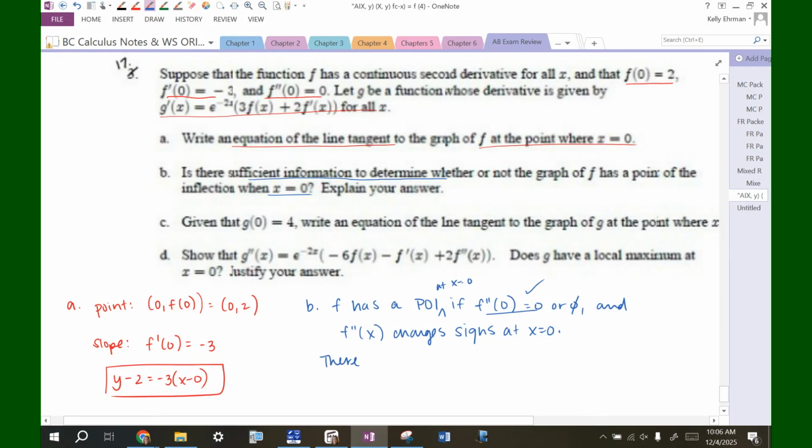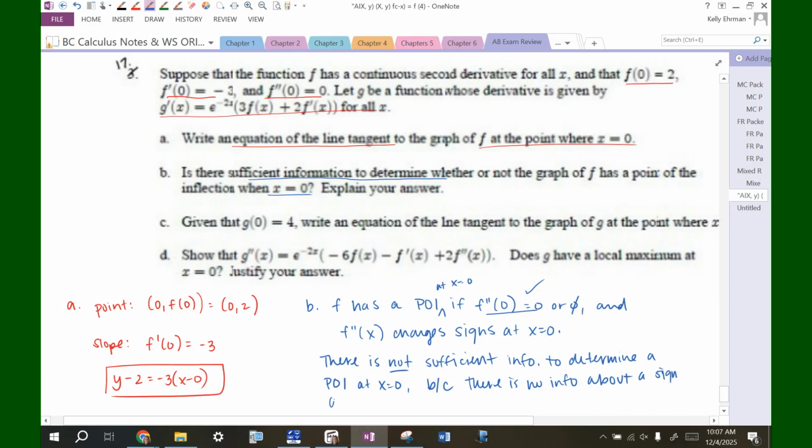So there is not sufficient information to determine a POI at x equals 0 because there is no info about a sign change of f double prime.